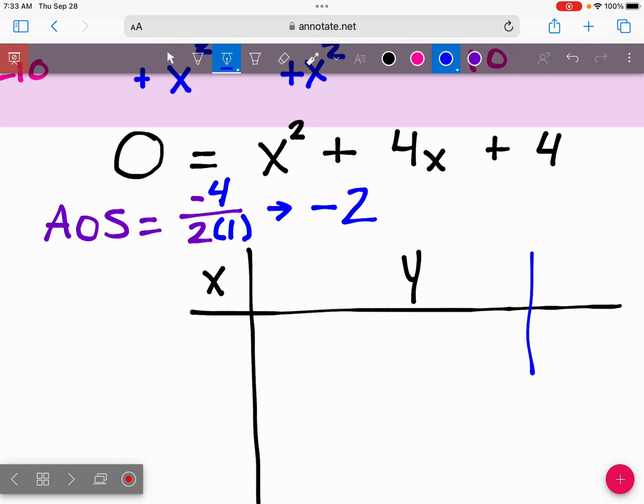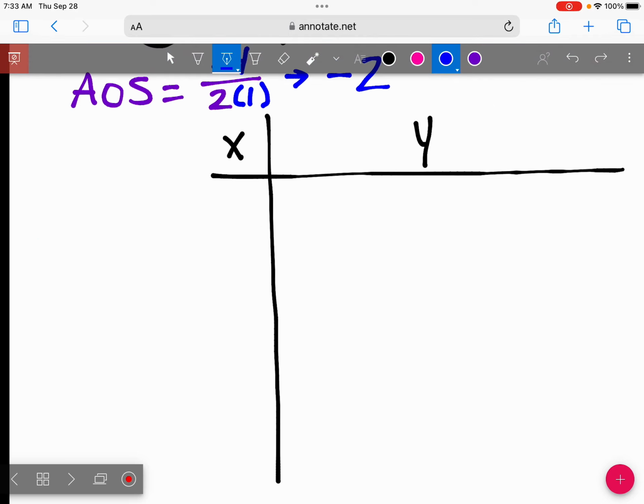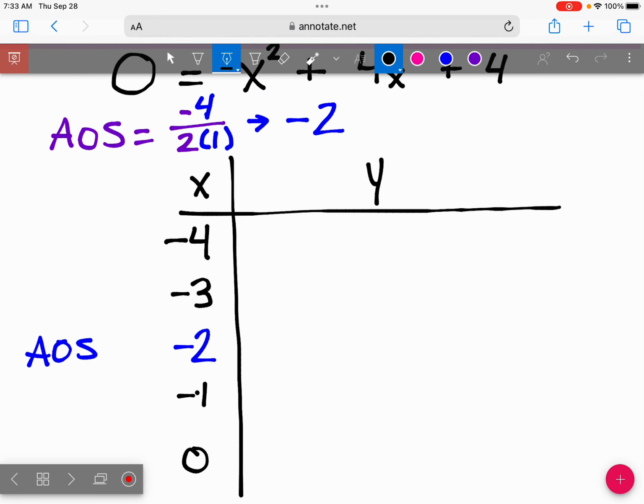So that's what goes in the middle of our table. Our axis of symmetry always goes in the middle, negative 2. It's going to give us our vertex. That is what the axis of symmetry does for us, it finds the vertex, it finds the middle. Then we're going to pick a couple of numbers bigger, like negative 1 and 0. We're going to pick a couple numbers smaller, like negative 3 and negative 4. And we're going to substitute those into our equation, to get our points.